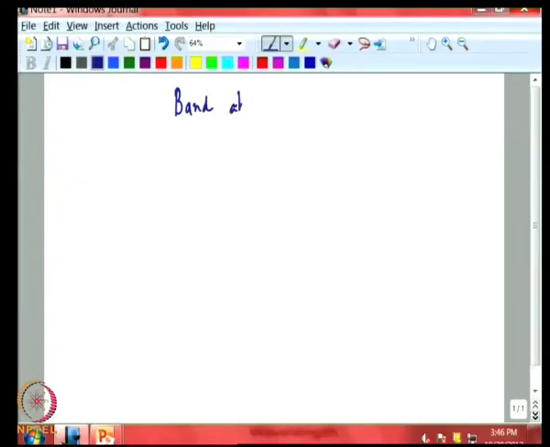In the last lecture, we were talking about the concept of band absorptance, and we defined band absorptance A_B as the integral over the band of the absorptivity within the band.